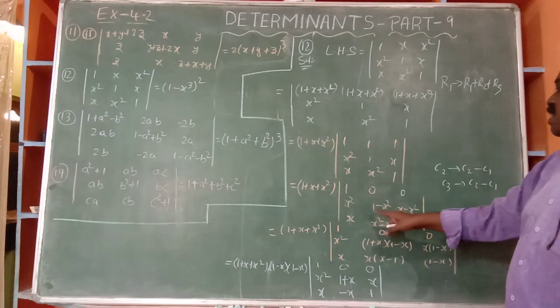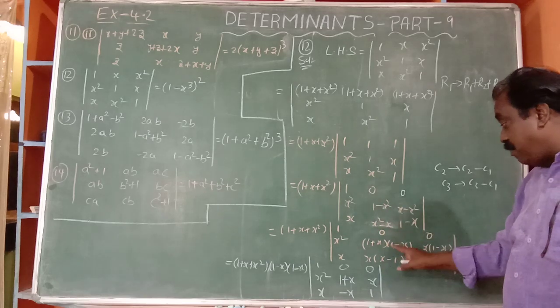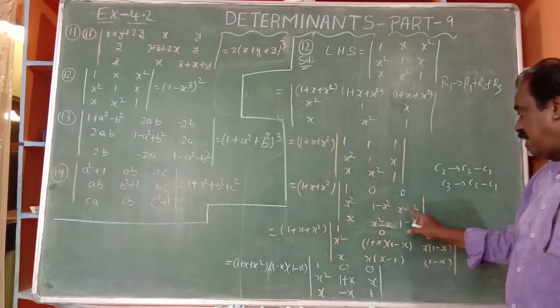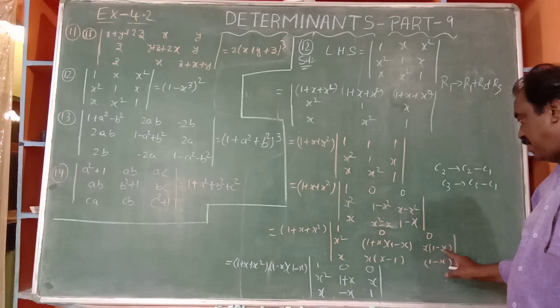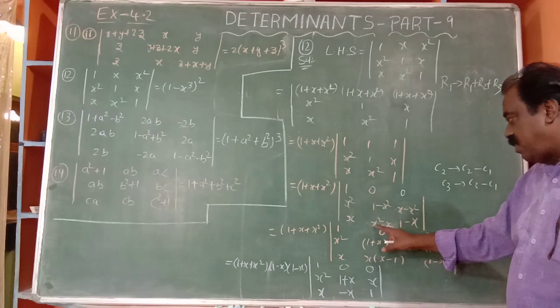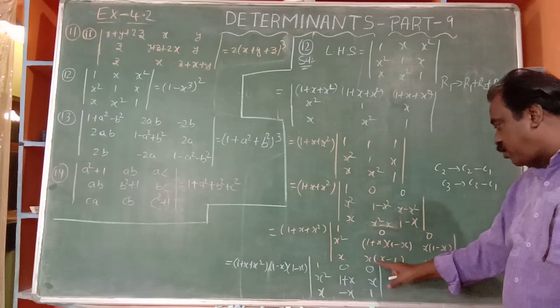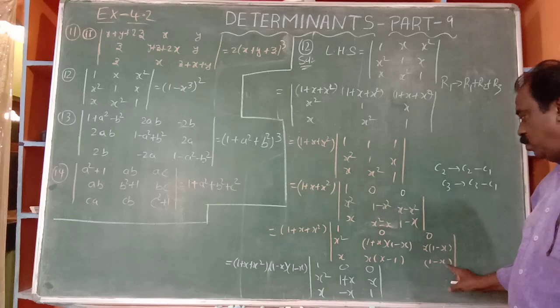You see, here in the second row, 1 minus x square means 1 plus x of 1 minus x. x minus x square, x is taken as common, x of 1 minus x. Here also in the third row, x square minus x means x of x minus 1, and it is 1 minus x as it is.